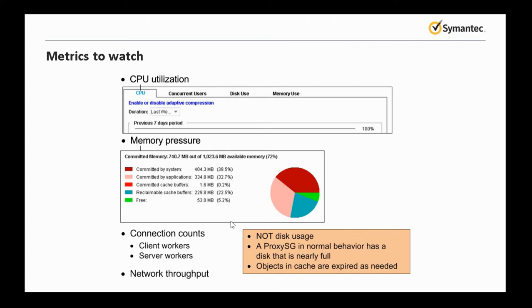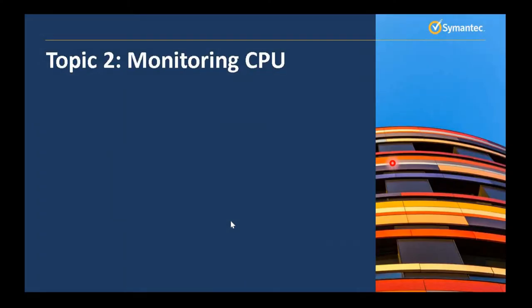troubleshooting. Okay? So now when you have high CPU, the first thing you need to find out, of course, is what is causing the high CPU. That's the first question you're going to ask yourself. So in Proxy, we have what we call CPU monitoring.